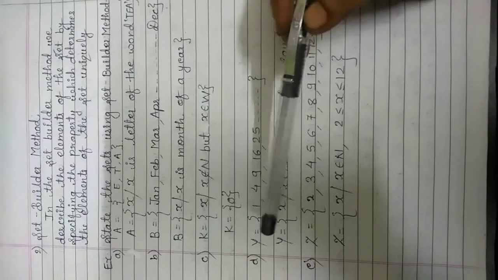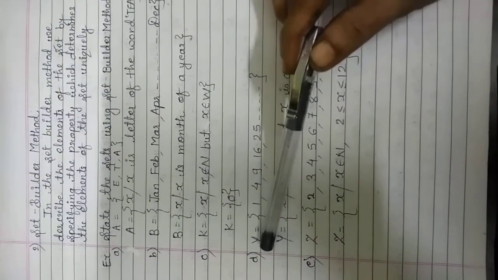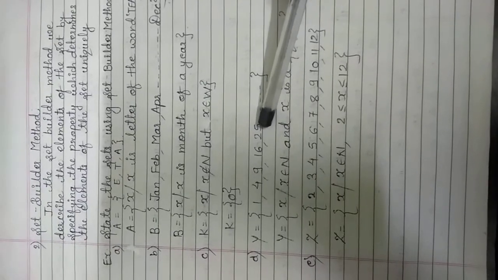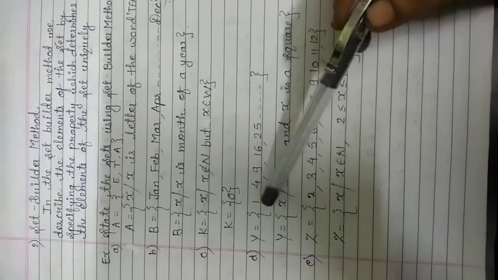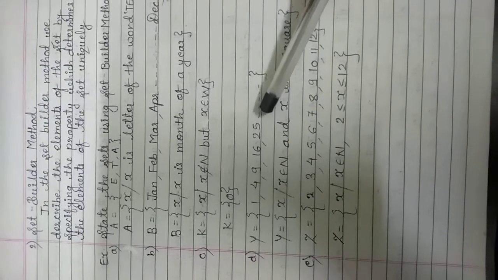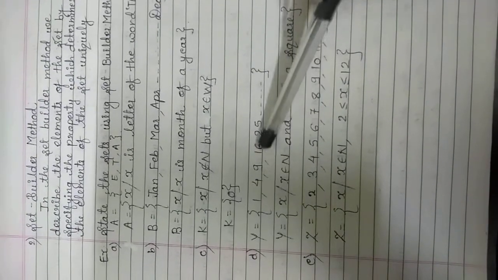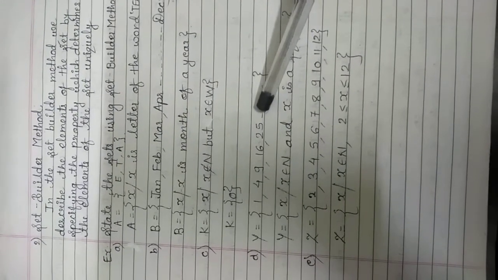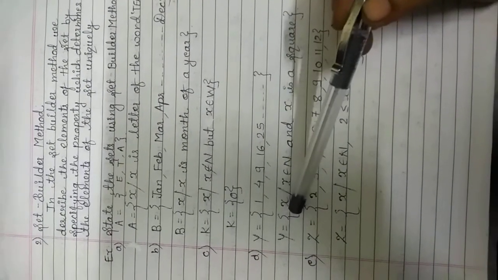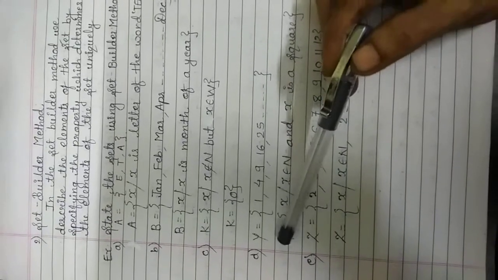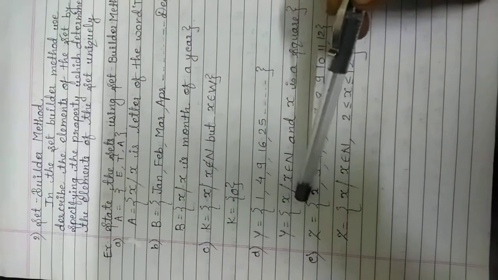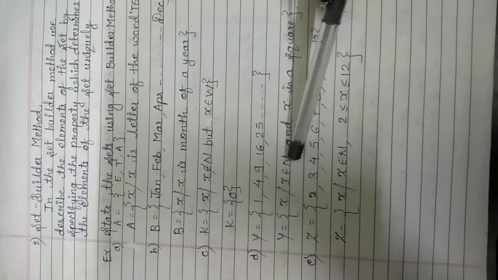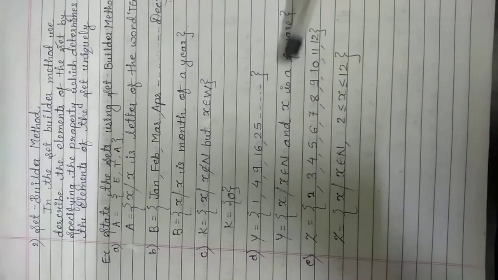Now suppose we consider y is equal to 1, 4, 9, 16, 25. If you observe, these are nothing but the squares of natural numbers. So in set builder method, y is equal to set of all x such that x belongs to natural number and x is a square.